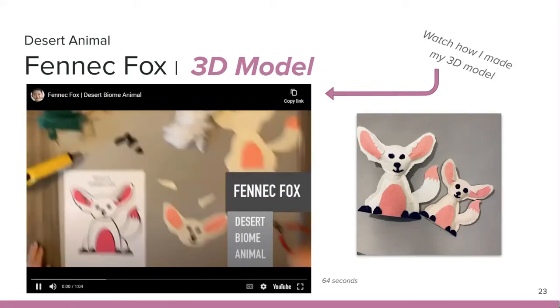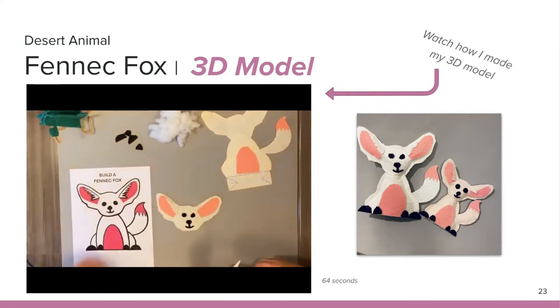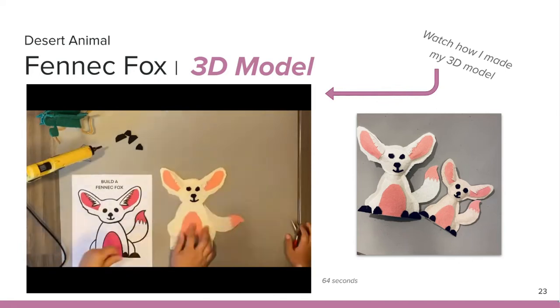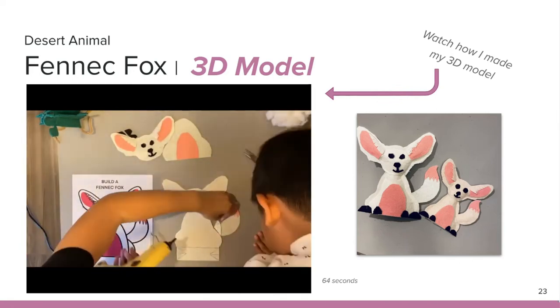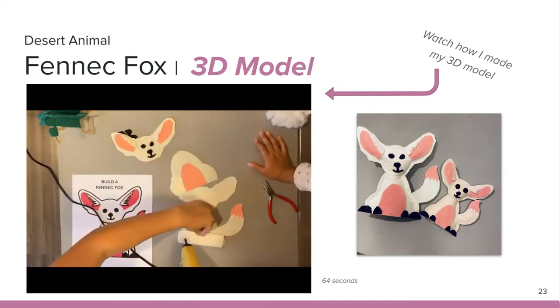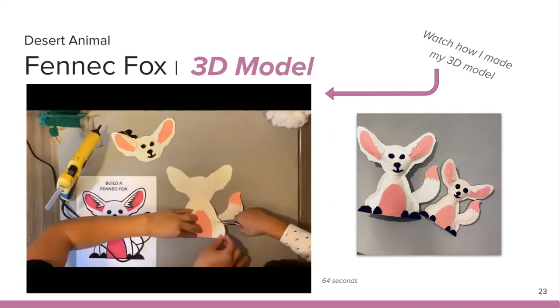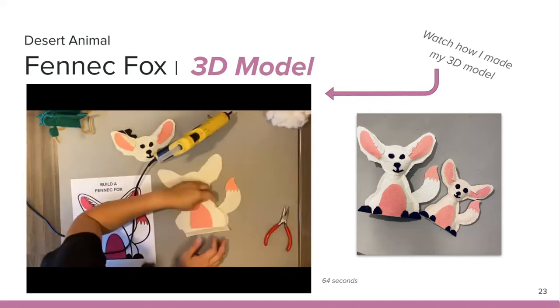This is a fast forward video of how I made my fennec fox. You see this at the beginning? So I cut out the pieces and I glued everything together like this. So I'm gluing it all together here.